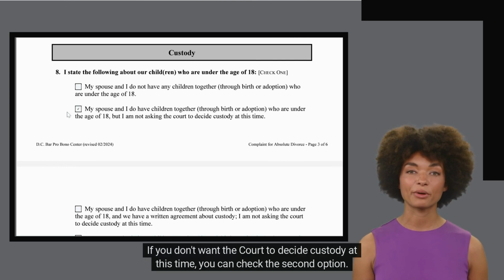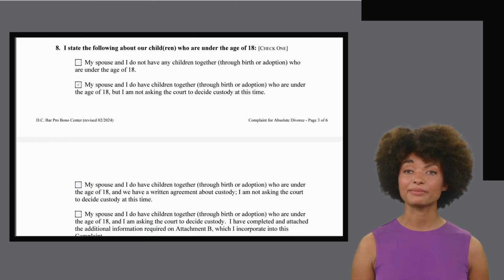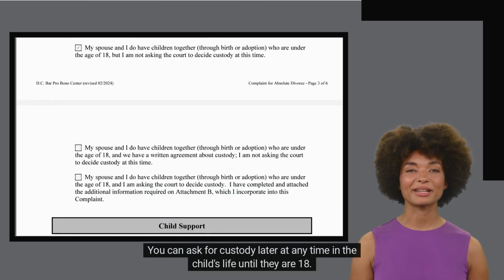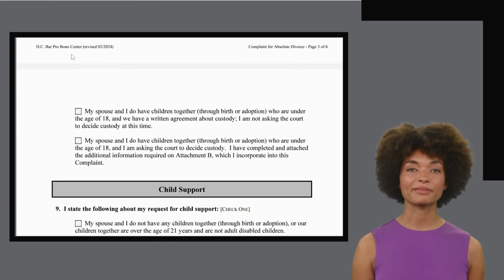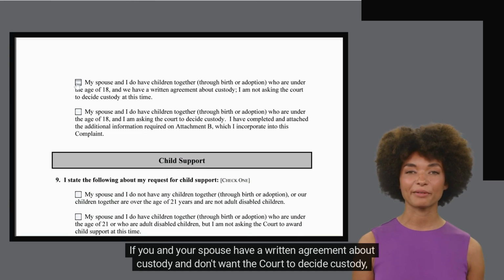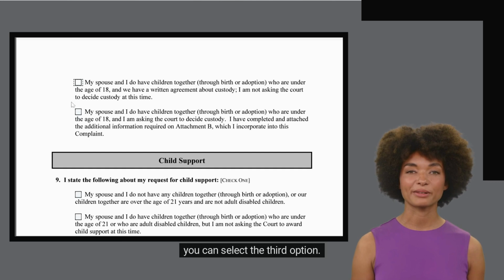If you have children together under the age of 18, you have three options. If you don't want the court to decide custody at this time, you can check the second option. You can ask for custody later at any time in the child's life until they are 18. If you and your spouse have a written agreement about custody and don't want the court to decide custody, you can select the third option.